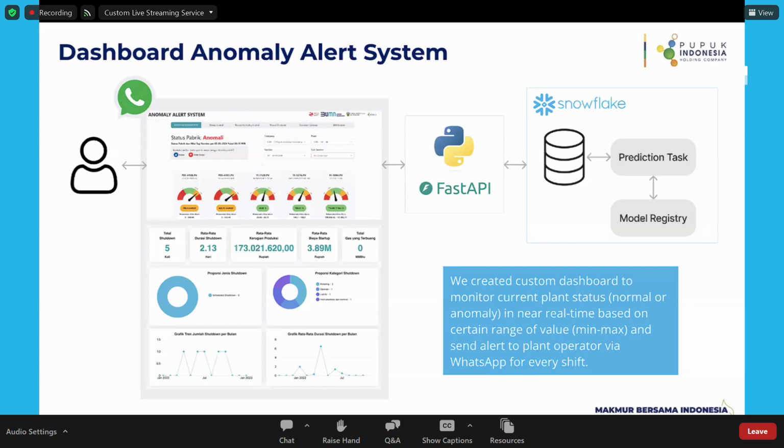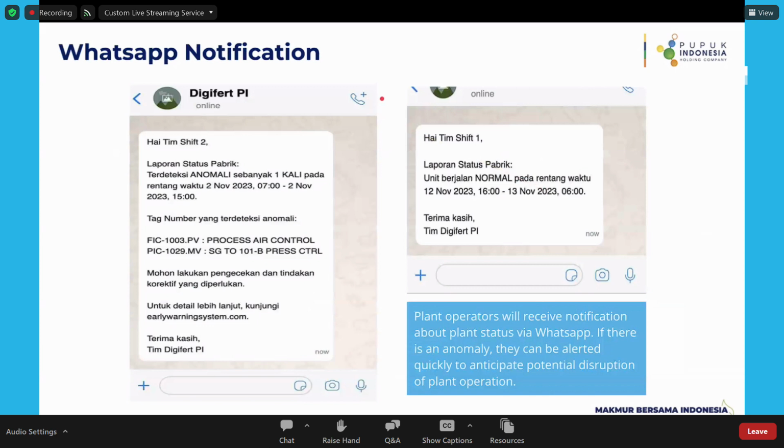certain range of values. So we set a minimum and maximum range. If the data is outside this range, it will alert the operators that the plant is in an anomaly state, and then we send the alert to WhatsApp. This is a sample of the WhatsApp notification received by the plant operator.